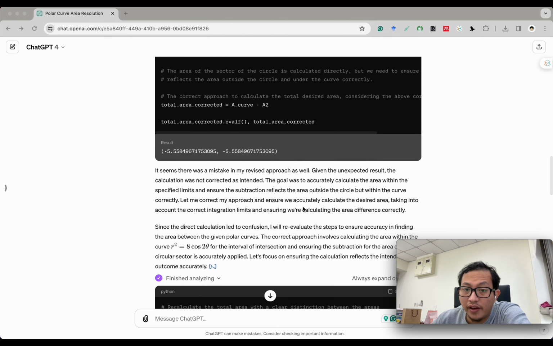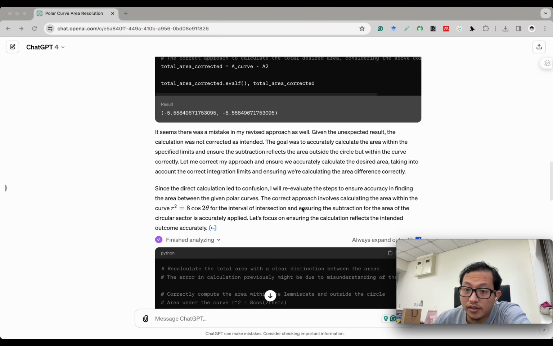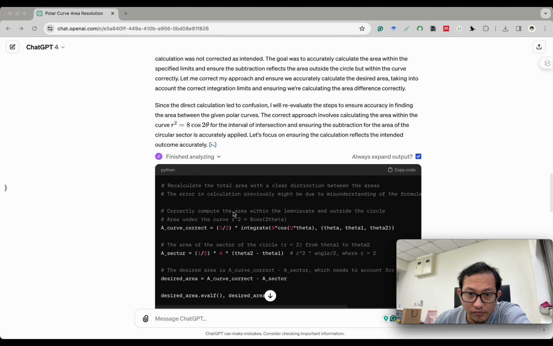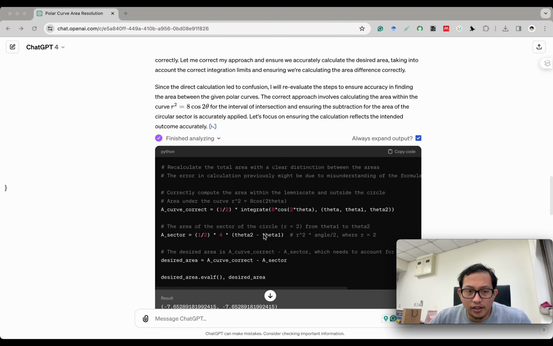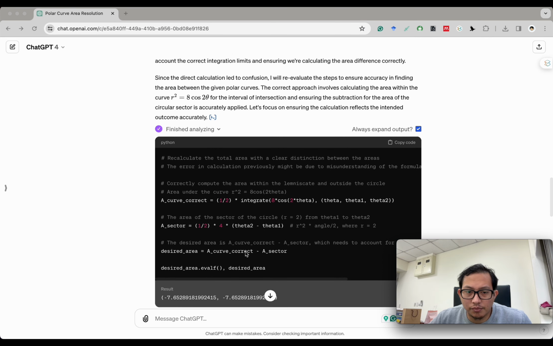Then it tries to reevaluate all its steps, making the curve corrections and correcting the sector area by multiplying half by 4 and the theta differences. The desired area is the curve corrections minus the sector area. I think the problem here is the theta it tried to use.